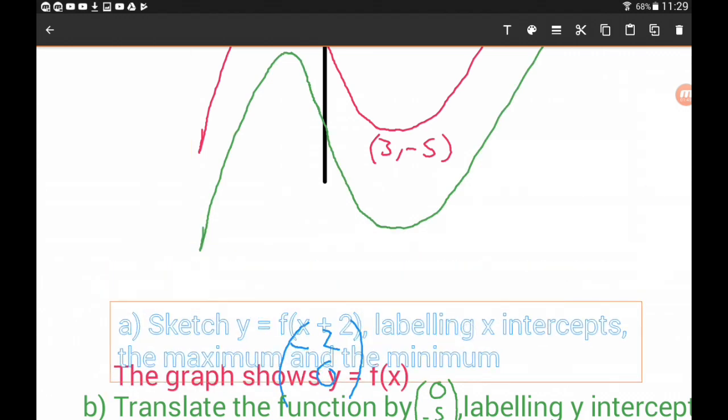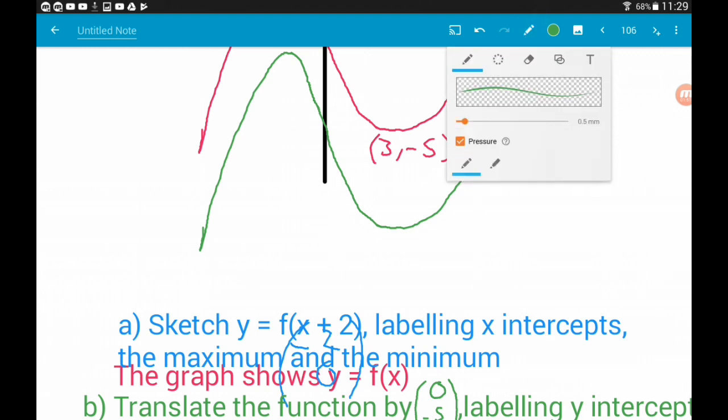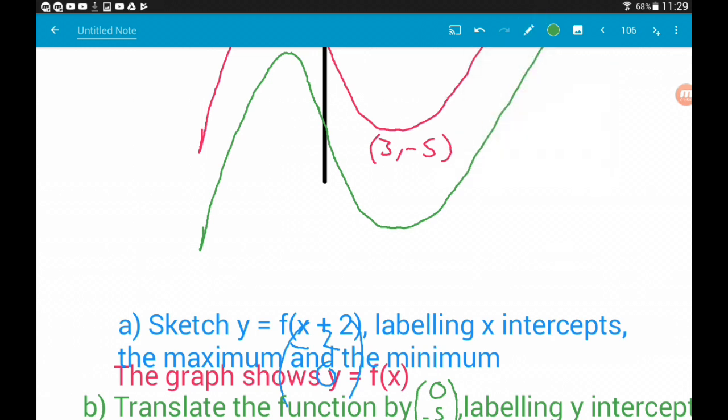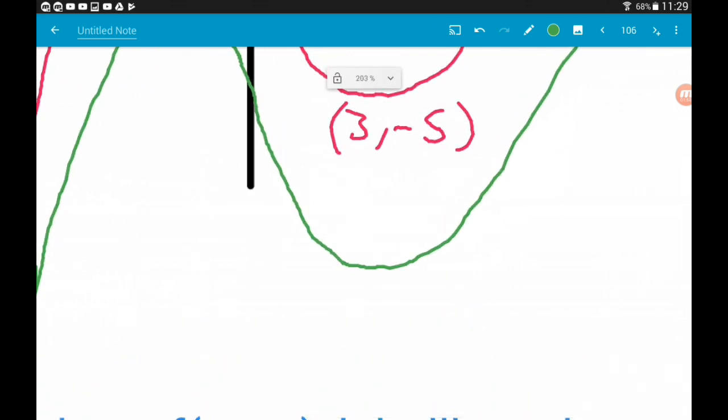So this minimum has the same x coordinate, but it's gone down by 5, so it's now (3, -10).